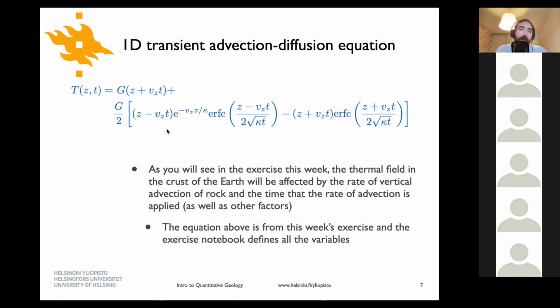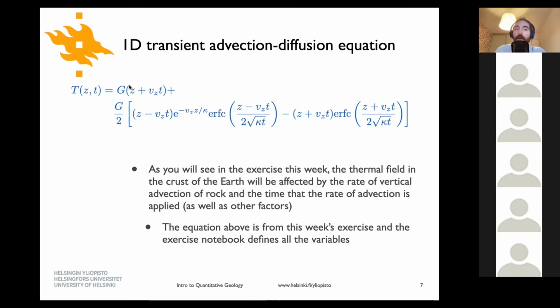So how does this equation work in terms of the concept? Well, this is a one-dimensional heat transfer equation, including advection and diffusion. The only difference from the steady state case really is that we are now depending on time. And there's a big G here instead of a little g. The big G in this case is the initial temperature gradient at the start.